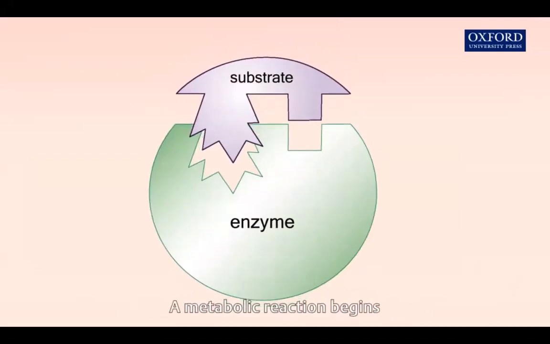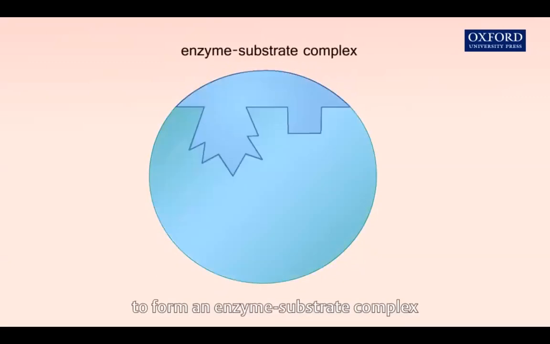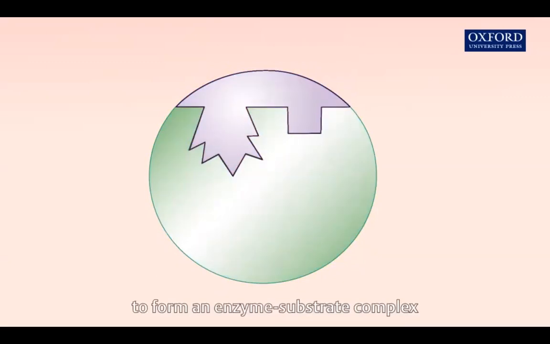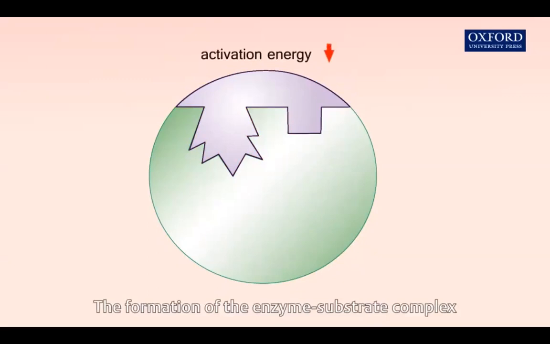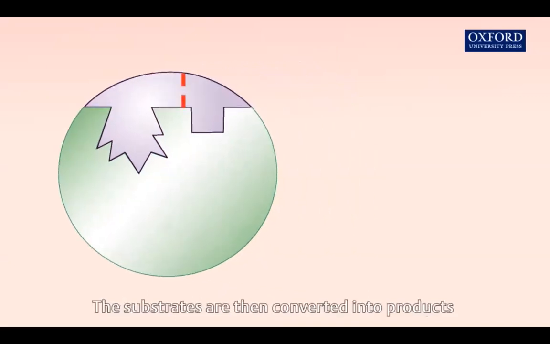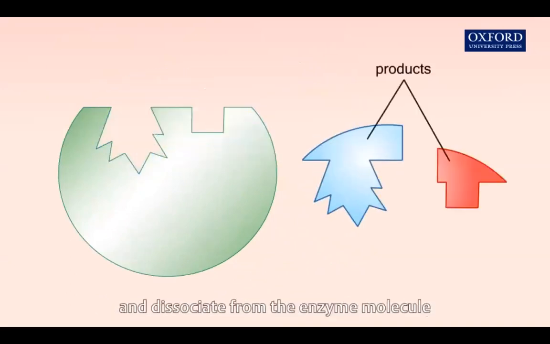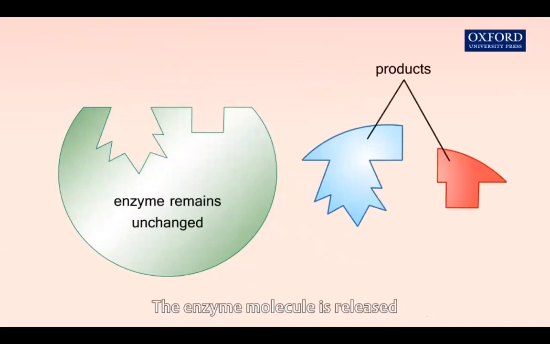A metabolic reaction begins when the substrate molecule binds to the active site of an enzyme molecule to form an enzyme-substrate complex. The formation of the enzyme-substrate complex greatly lowers the activation energy of the reaction. The substrates are then converted into products and dissociate from the enzyme molecule. The enzyme molecule is released in its original form.